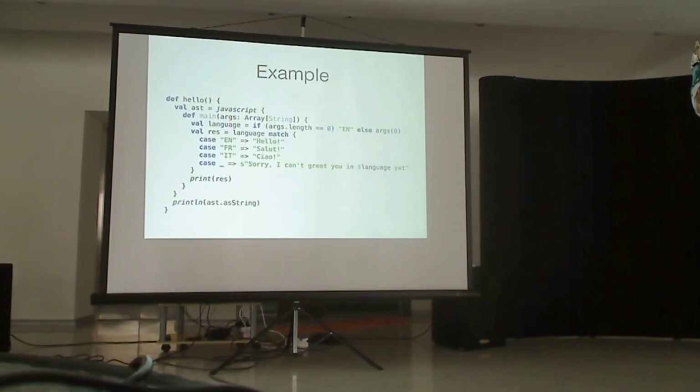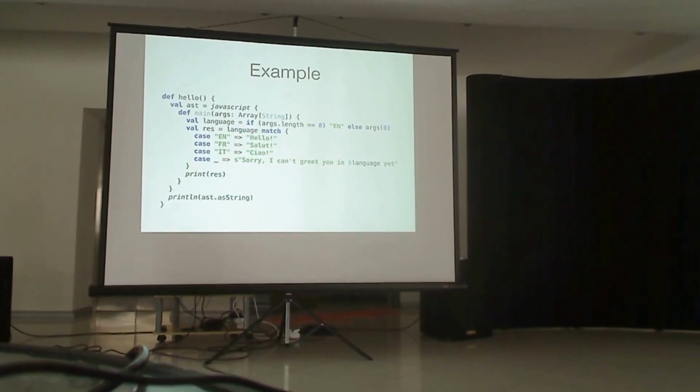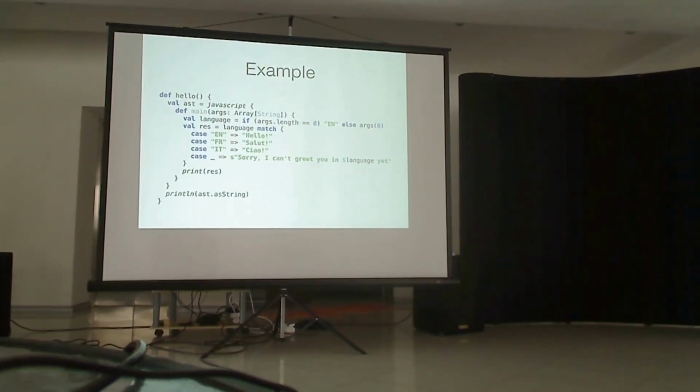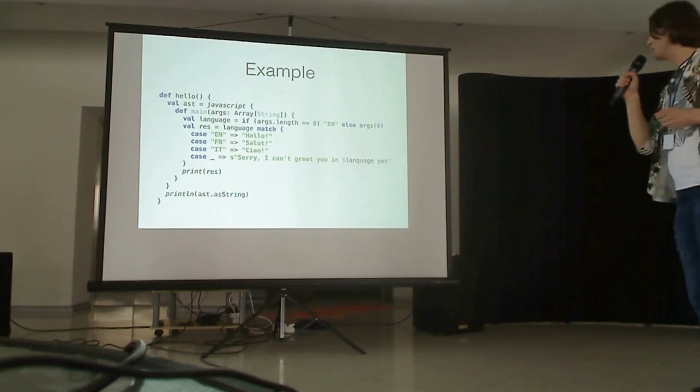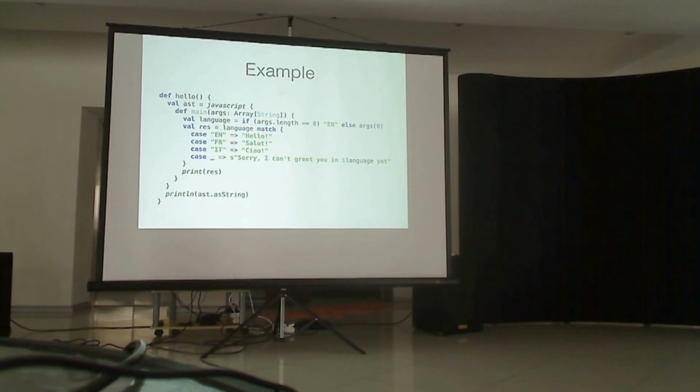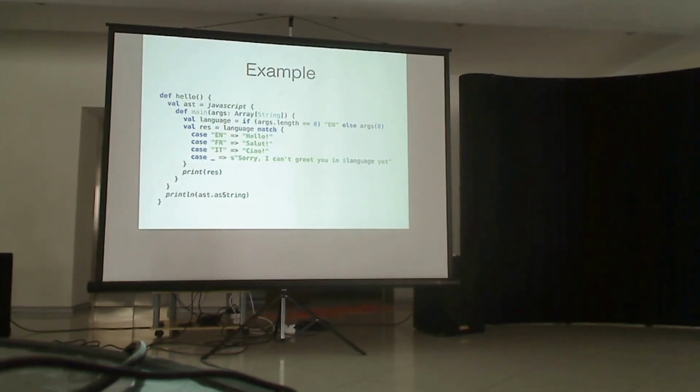The main difference of JScala compared to Scala.js is that it does not require any runtime. So we have this thing which looks like a usual Scala function called javascript.